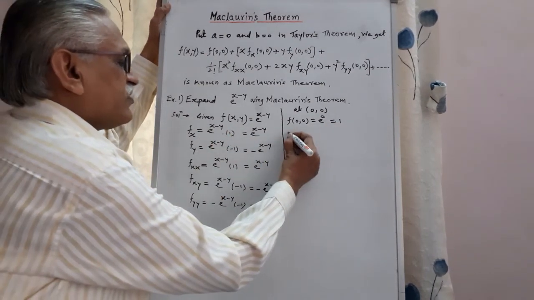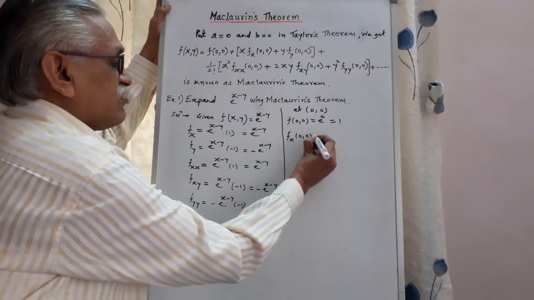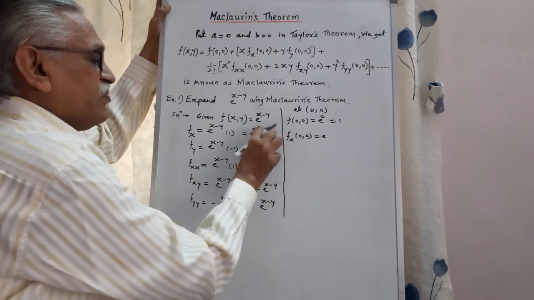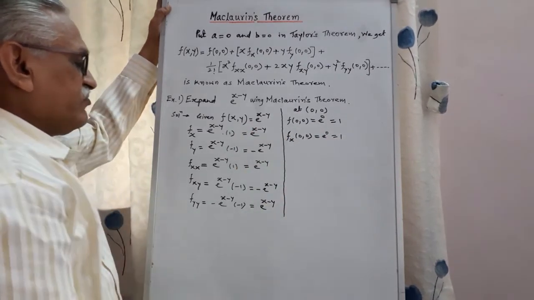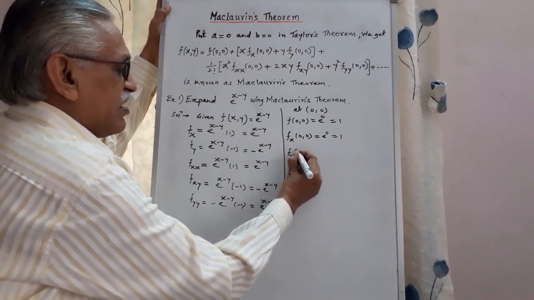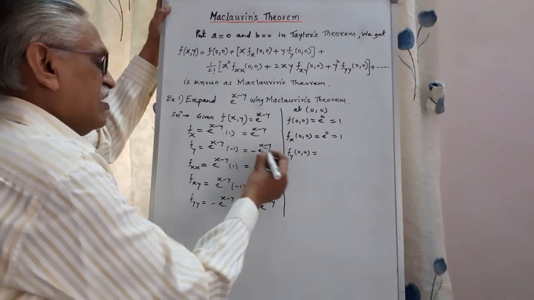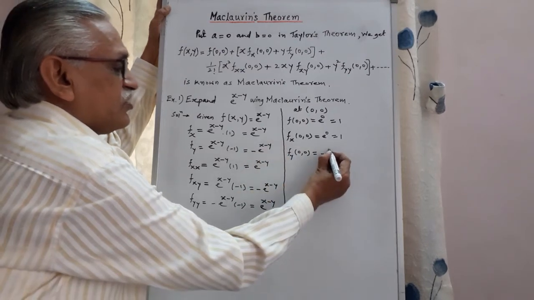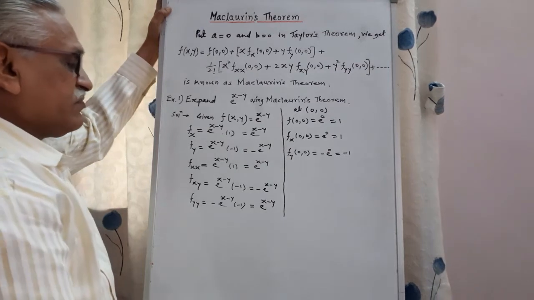Then f_x at (0, 0) is e raised to 0 minus 0, e raised to 0 is 1. f_y at (0, 0) is minus e raised to 0, and e raised to 0 is 1, therefore it is minus 1.